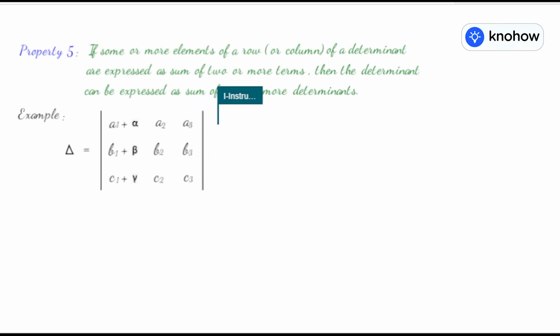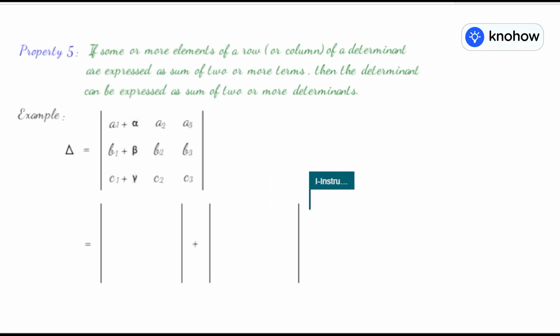So the property says, what do you find here? That the elements of the first column are expressed as sum of 2 numbers. So the given determinant may be rewritten as sum of 2 determinants. One will be A1, B1, C1, and the rest of the 2 columns will remain the same, A2, B2, C2 and A3, B3, C3. And plus what will be the second determinant?